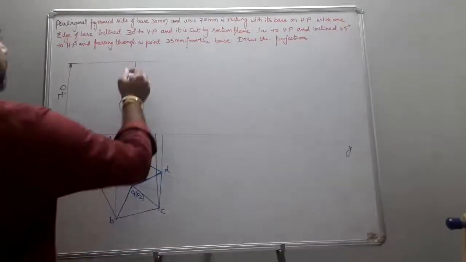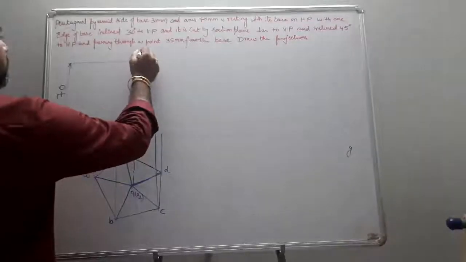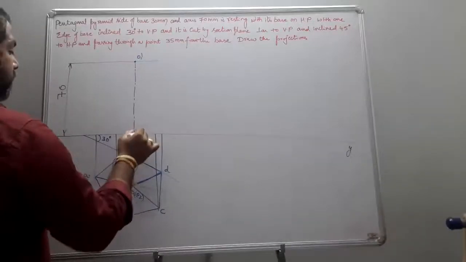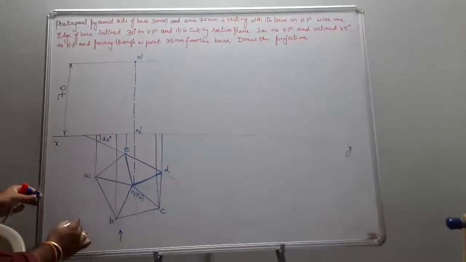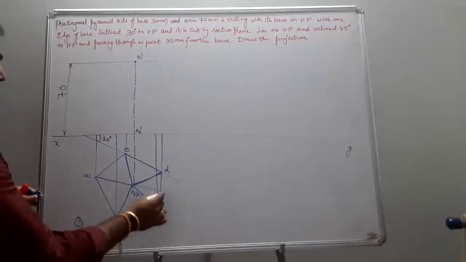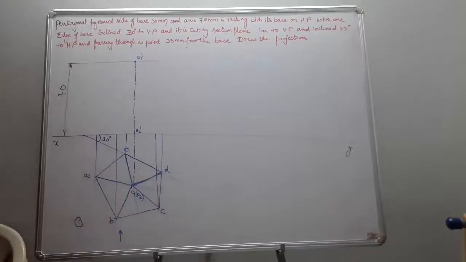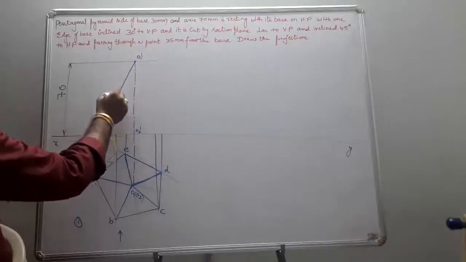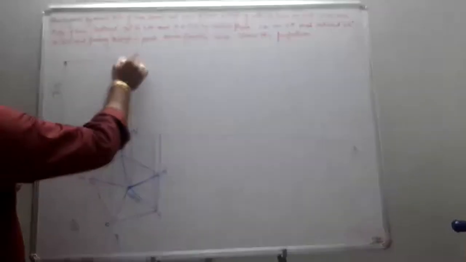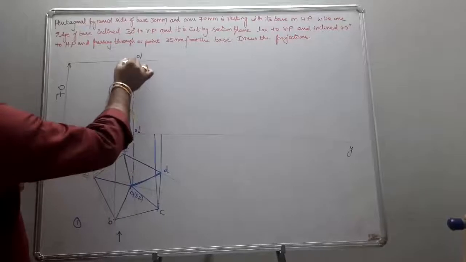Okay, and this becomes your O1 dash, it is O2 dash. While you are supposed to see from the front, A, B, C, D are going to be visible. B is also visible.